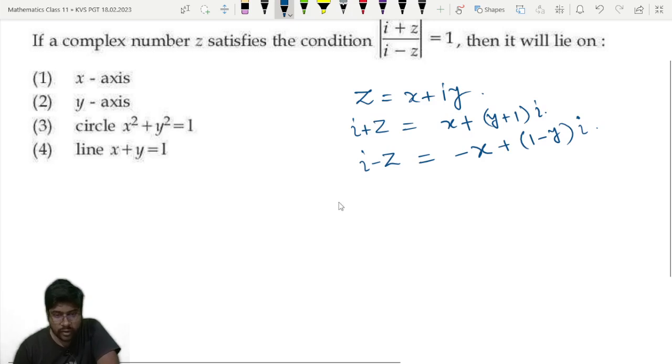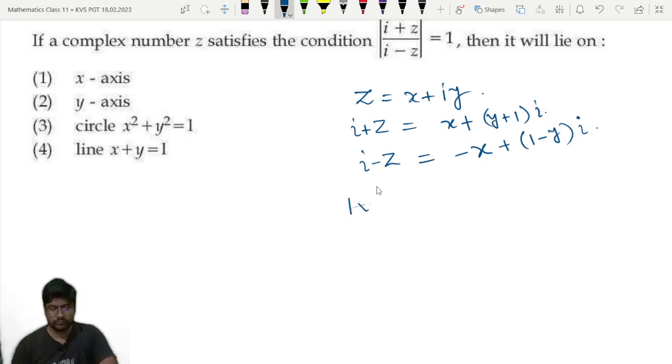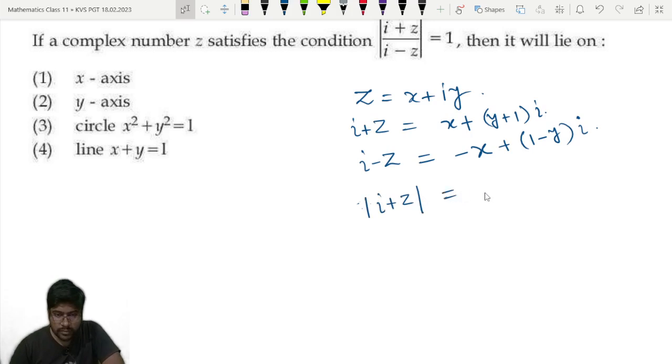So what about the modulus of i + z? I will find the square of the modulus of i + z.